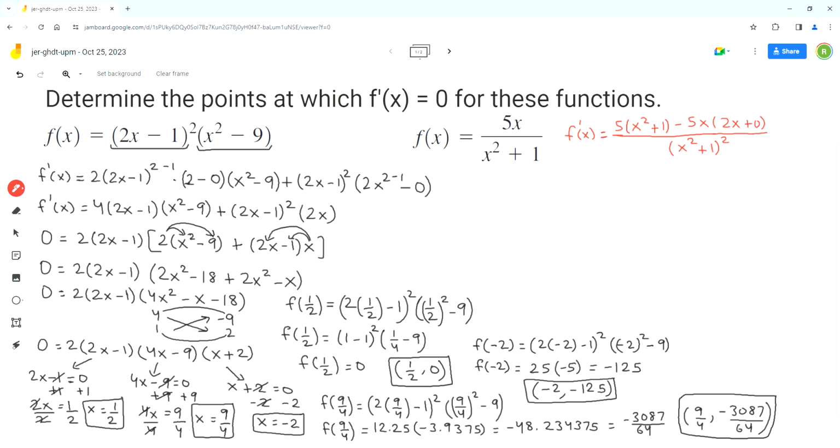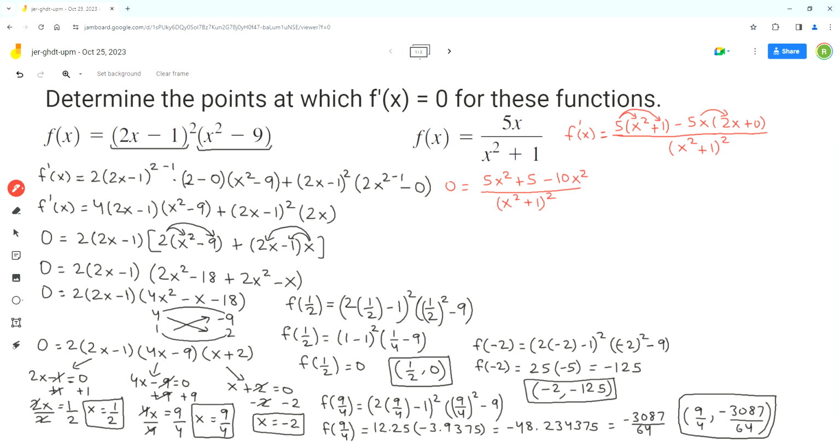Now we can set this derivative equal to 0. So now we can simplify the expression in the numerator: we can distribute the 5 in the parentheses, and we can also distribute the negative 5x. So we get 5x squared plus 5, and then negative 5x times 2x will just be negative 10x squared, because the 0 will go away, over x squared plus 1, squared.